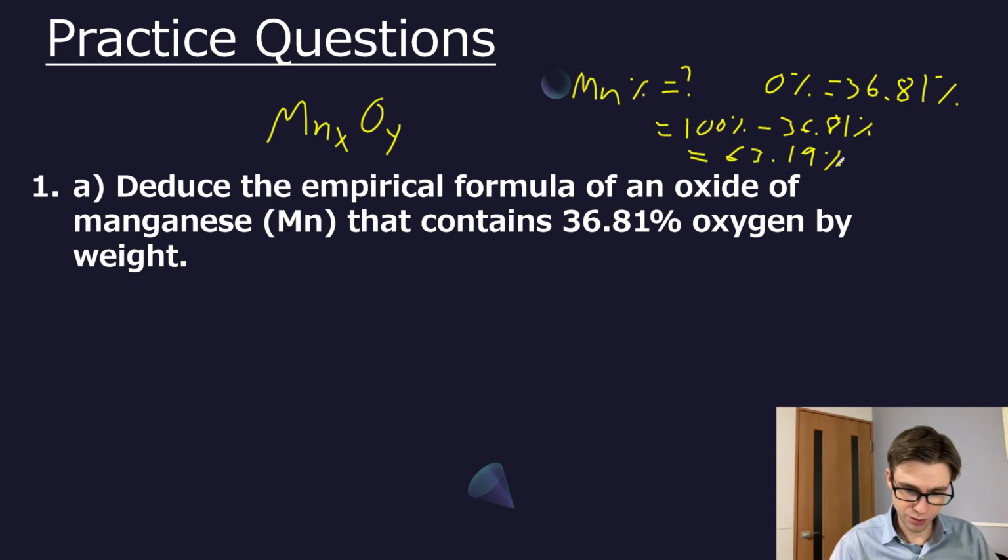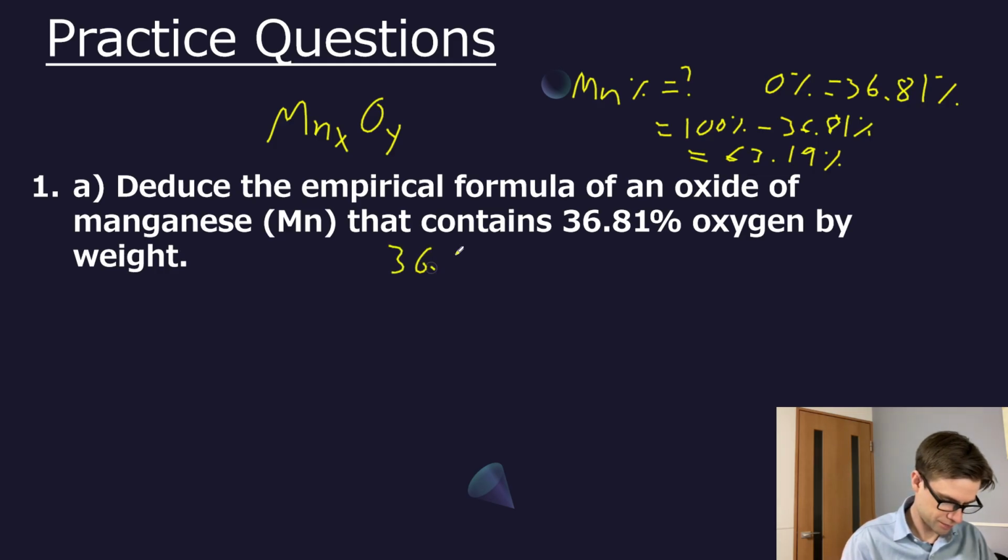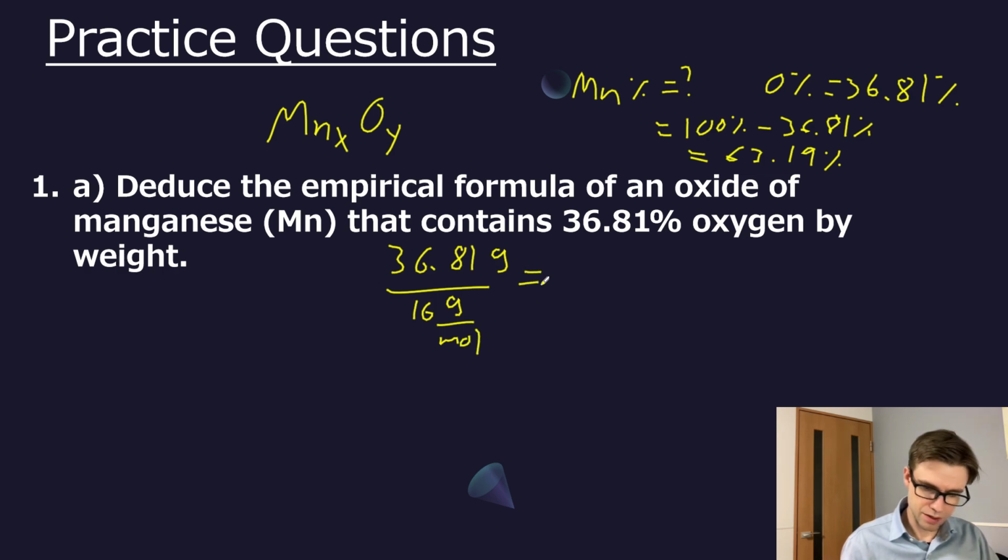So assume 100 grams, divide by the molar mass. So for the oxygen, you're going to do 36.81 divided by 16. And that's going to get you right around 2.301.